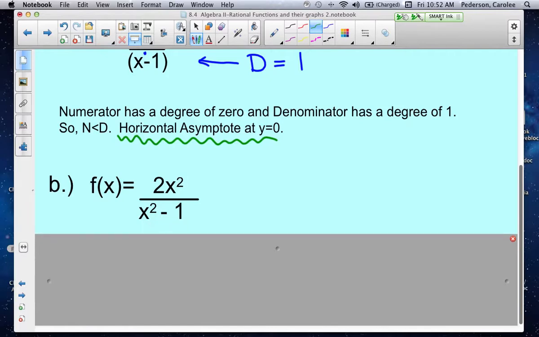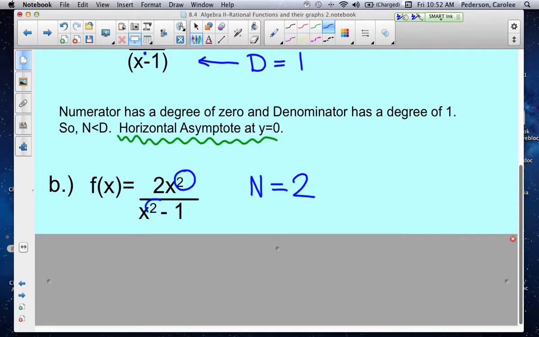Example B. The function is f of x equals 2x squared over x squared minus 1. And we're just finding the horizontal asymptote if it exists. So let's identify the degrees. The degree of the numerator is an x squared term, so the degree is 2.